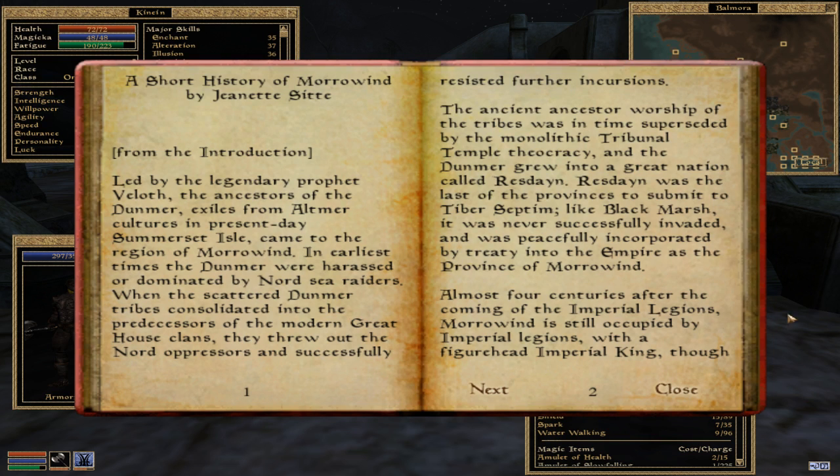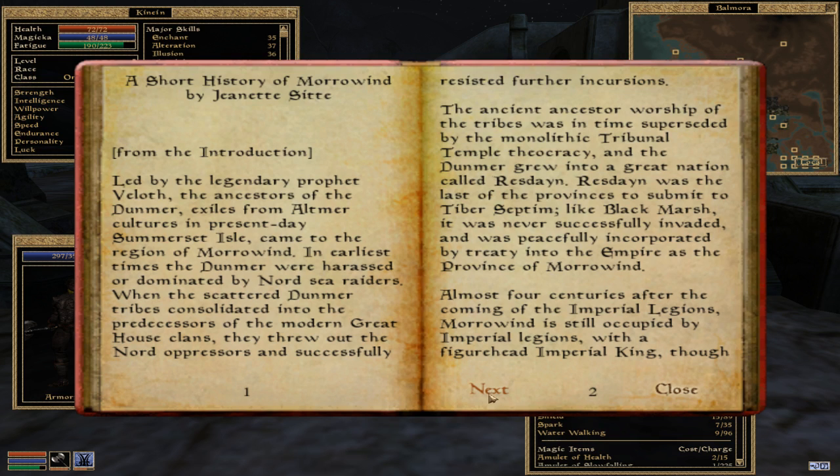The ancient ancestor worship of the tribes was in time superseded by the monolithic tribunal temple theocracy, and the Dunmer grew into a great nation called Resdayn. Resdayn was the last of the provinces to submit to Tiber Septim. Like Black Marsh, it was never successfully invaded and was peacefully incorporated by treaty into the empire as the province of Morrowind.